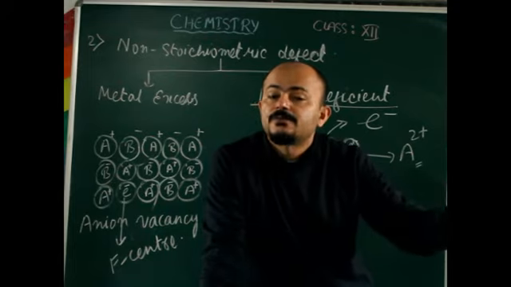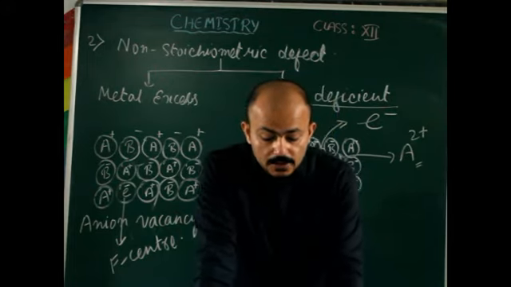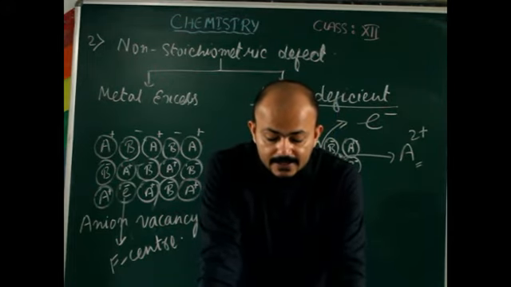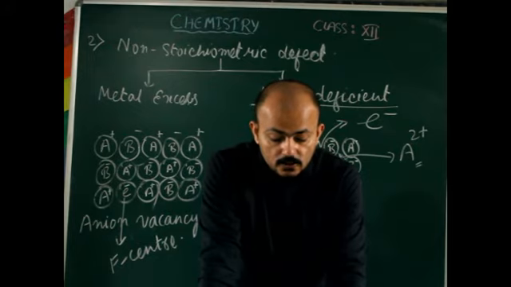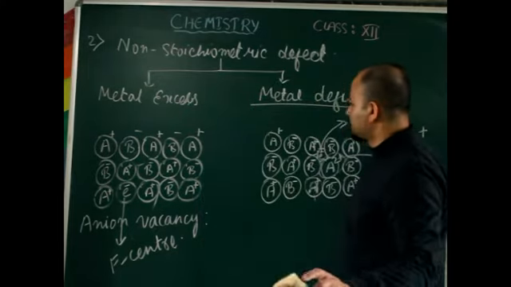That gives rise to impurity defect. If a foreign atom or ion as impurity occupies the lattice site in place of the host atom or ion, the defect is impurity defect. If the foreign atom or ion occupies voids in the structure, this defect is obviously known as interstitial defect.